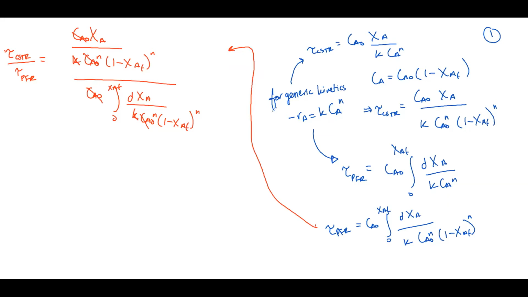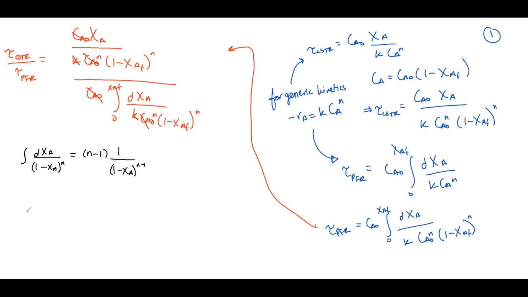What's this integral? If I just go here to the side, the integral of dXA over 1 minus XA to the n will be equal to n minus 1 over 1 minus XA to the n minus 1.